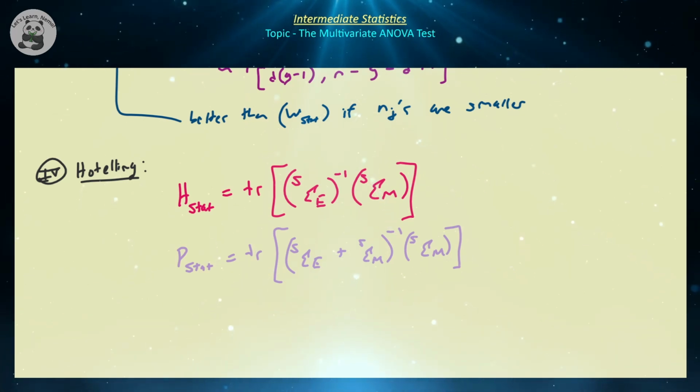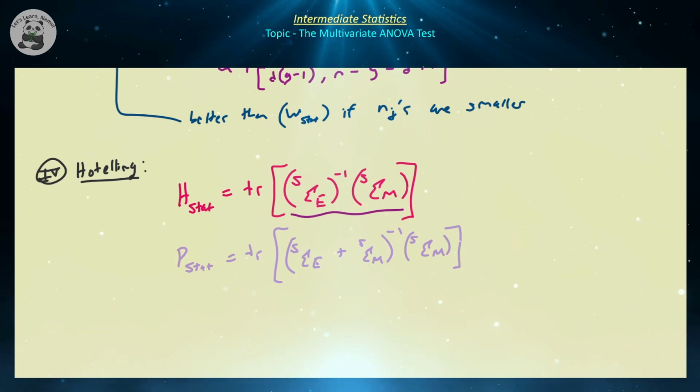So this actually is looking at the SSM over the SSE, which the Wilk naturally wants to do. And also the Roy test statistic looks at the same exact matrix, but instead of looking at the maximum eigenvalue, the Hotelling test statistic looks at the trace of that particular matrix, which is the sum of the eigenvalues, which is a superset of the maximum eigenvalue.